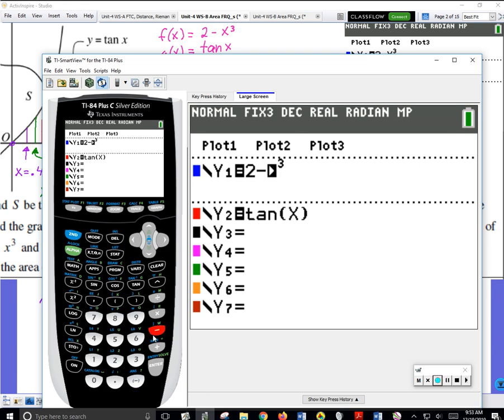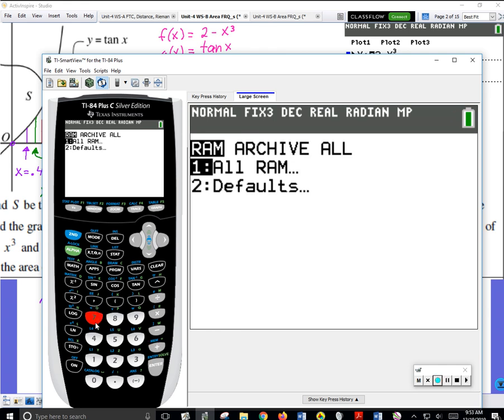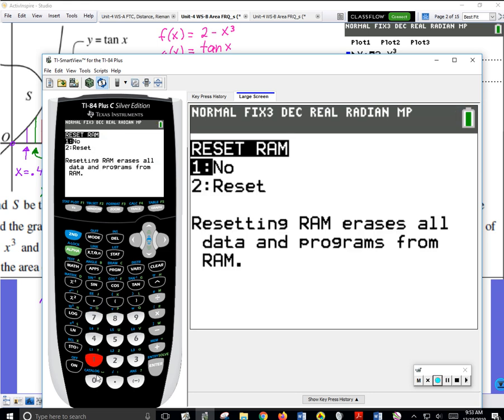So to reset, and this is what I would do on yours, you go second. The memory key is right here, the plus. Then you choose 7. Then you choose all RAM. And if I say reset, it will erase what I've done and start over. I can do it because mine's stored.